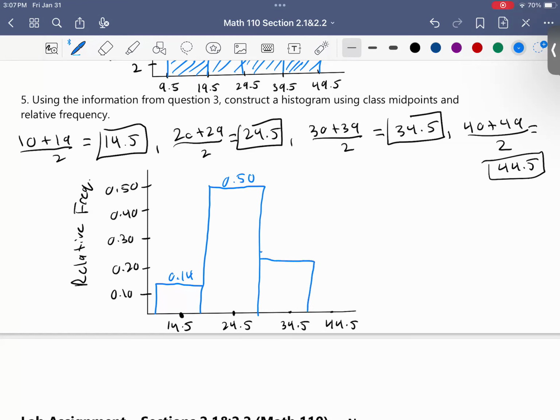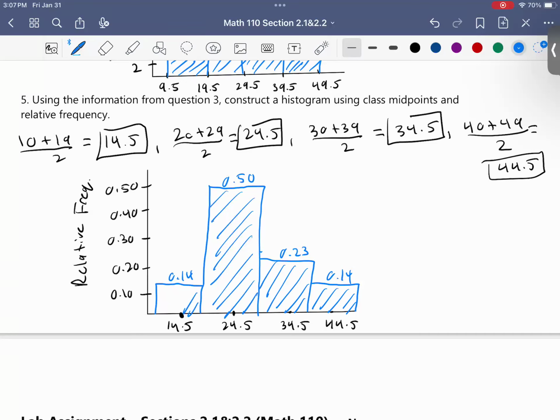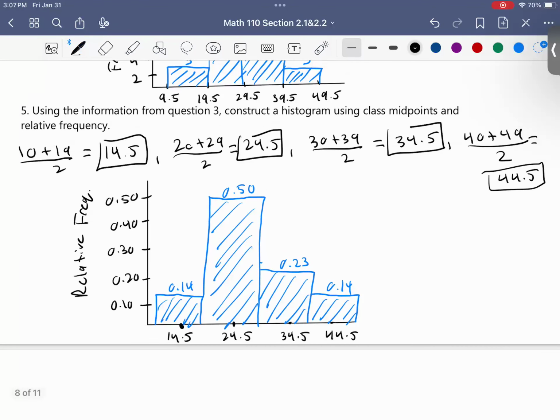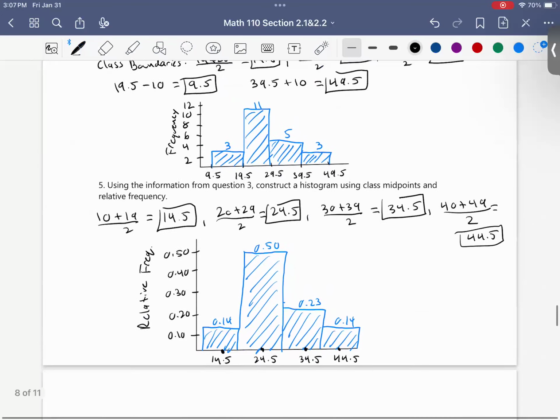I'll draw it right here. And lastly is 0.14, and that'll go about right here. Okay, so that is our histogram using midpoints and relative frequency. Midpoints is generally easier. You just got to be careful that the midpoint is in the middle of your graphs.